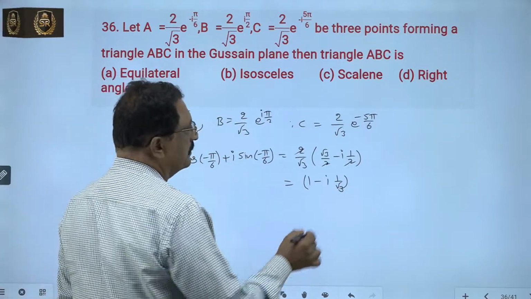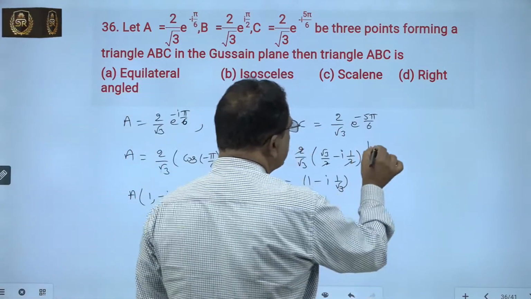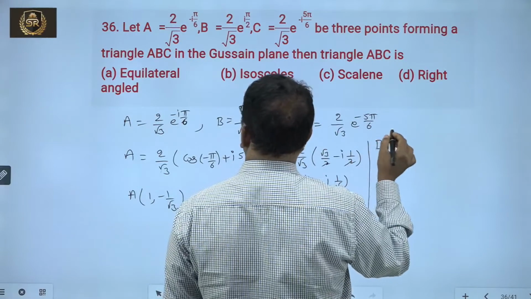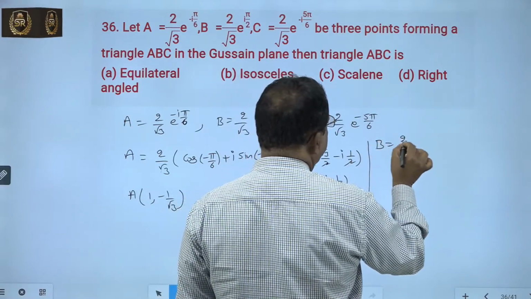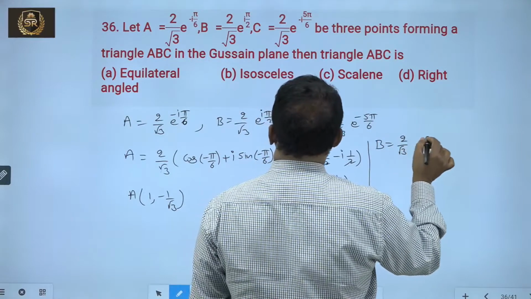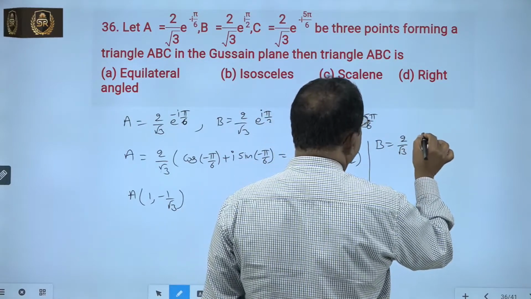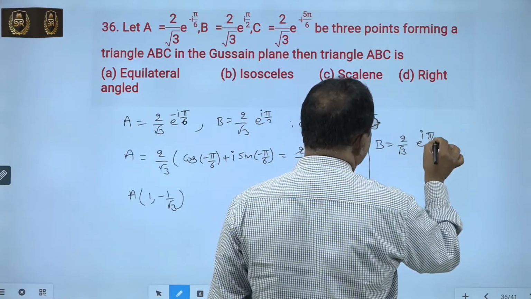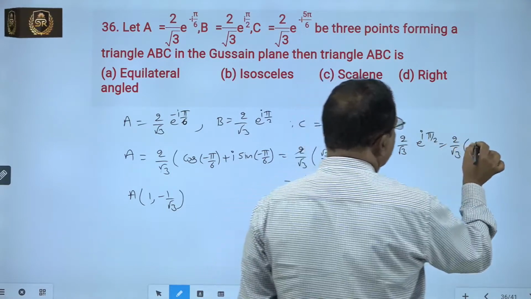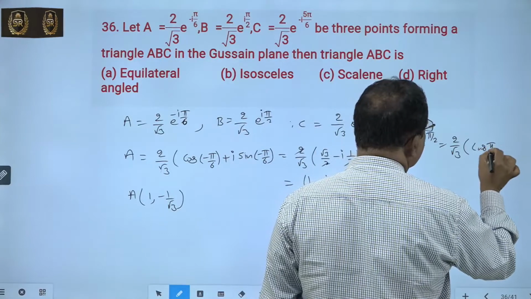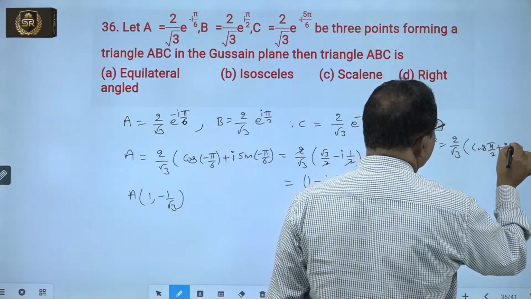Similarly, the point B equals 2 by root 3 e power i pi by 2, that equals 2 by root 3 into cos pi by 2 plus i sin pi by 2.